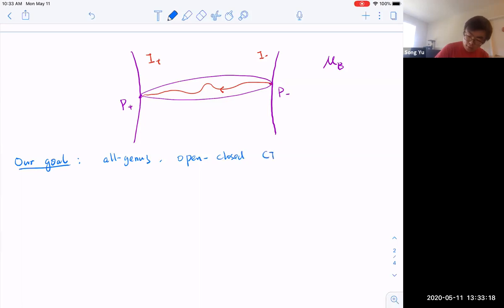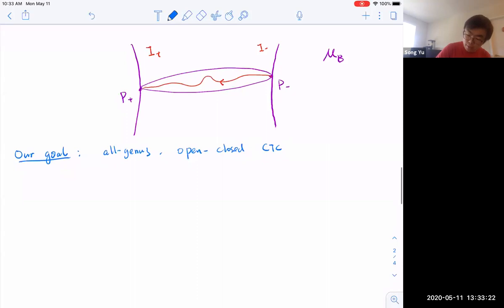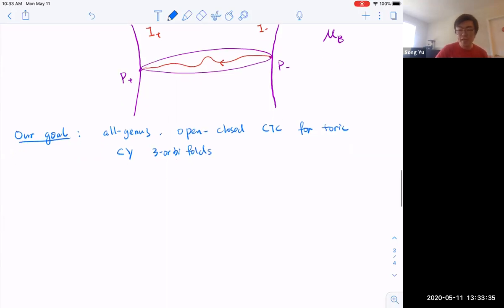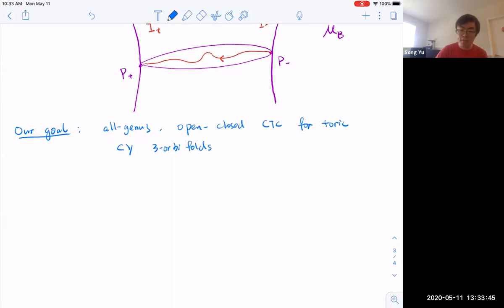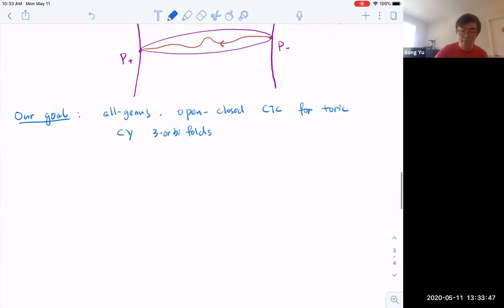So our goal is the all-genus open-closed Crepant transformation conjecture, but we restrict our attention to toric Calabi-Yau 3-orbifolds, where we have good access to a B-model mirror for all genus invariants, but we also have nice definitions and understandings of the open Gromov-Witten invariants.